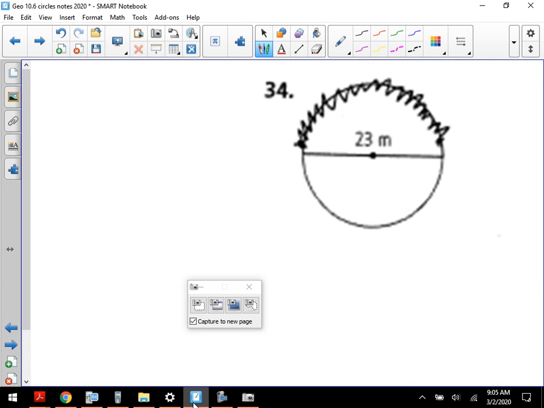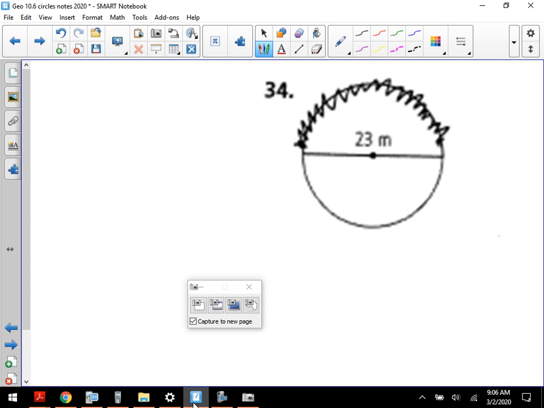So in this example here, I want to find the arc length. What's my central angle? If it was 23, it would have a degree symbol. So what's the central angle in this case? 180, good. Is that 23 a radius or a diameter? It's a diameter.